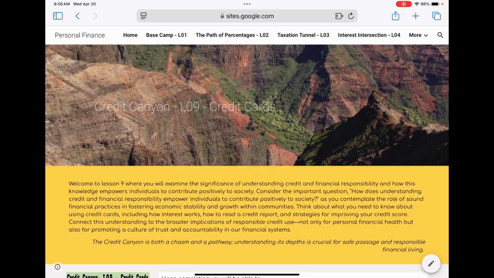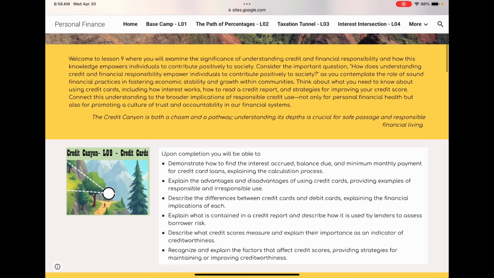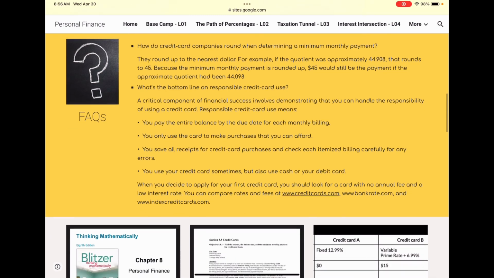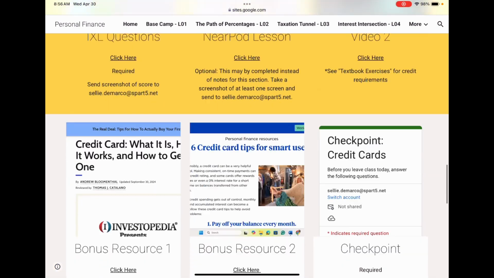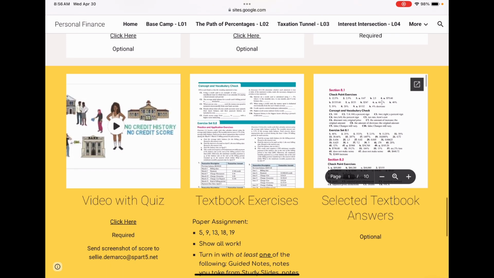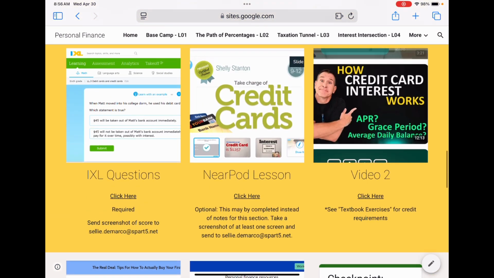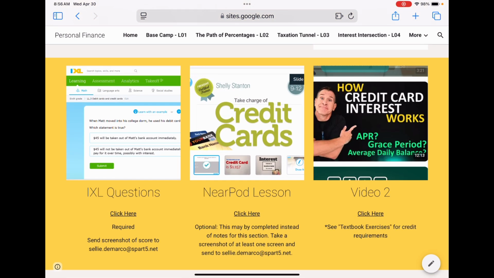This lesson includes a content video with an embedded quiz created through Edpuzzle. There is our video with quiz on the bottom left. Moreover, the other technologies used in this section include IXL, which is on the left, and in the center is a Nearpod lesson.